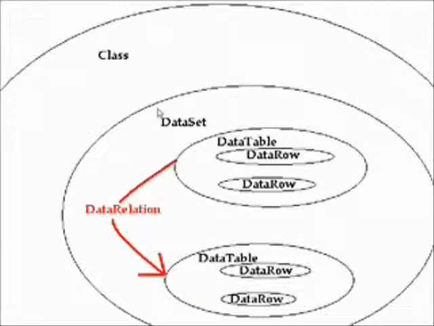In terms of the diagram in the previous lesson, this adds another dimension to the ADO objects. We still have the data set, the data table, and the data rows objects, but now we have a new object called DataRelation, which now links the two tables together.